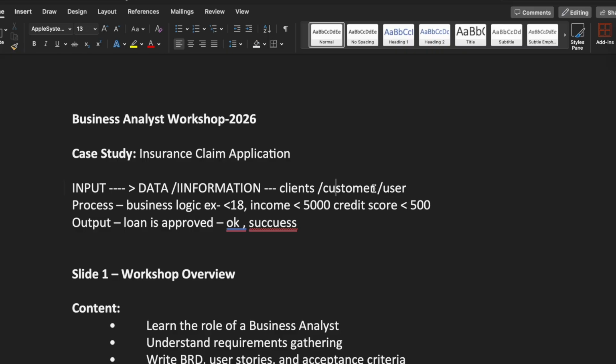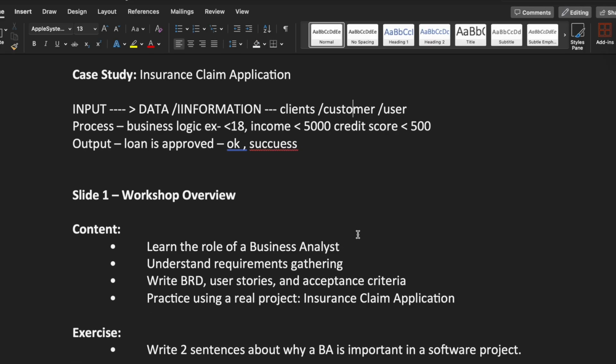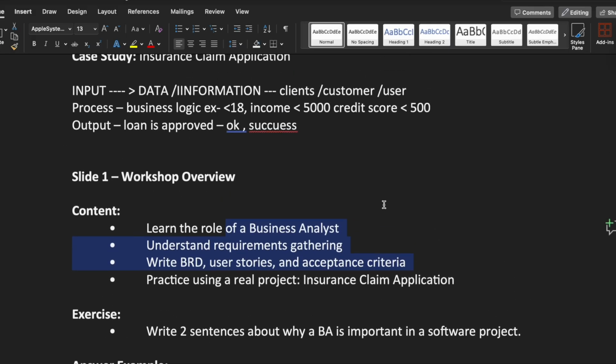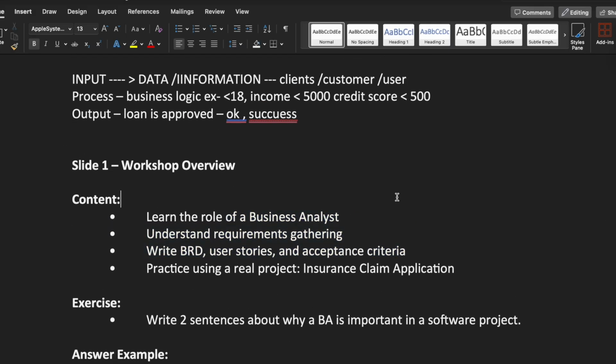If they are using the application, we call them users, but technically they are the customers, the clients. Use the appropriate keyword based on your organization. If you are working for a software company, they use user, and if you are working for any institution, any financial one, they use client, customer, or guest, or whatever.